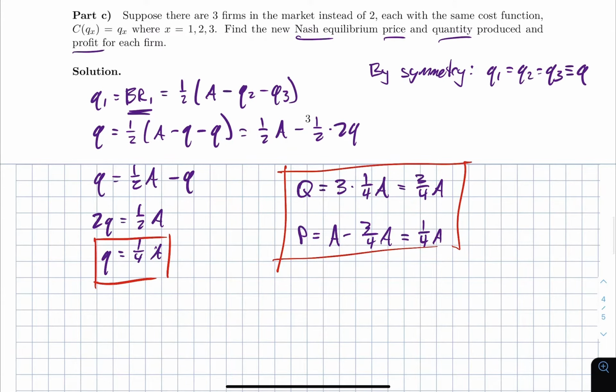So we found Nash equilibrium price, quantity produced, and profit is our next task.